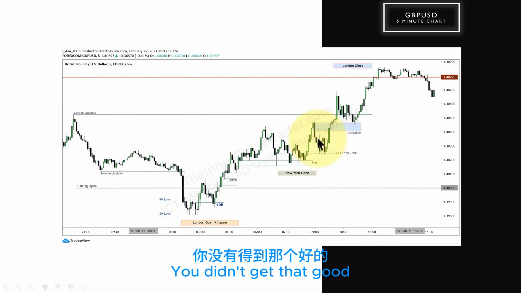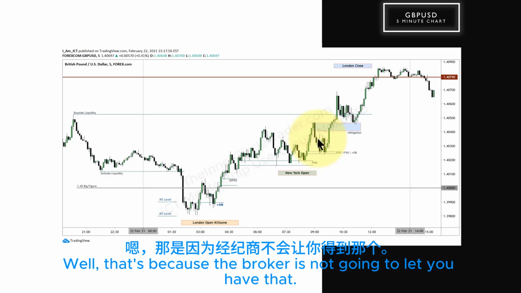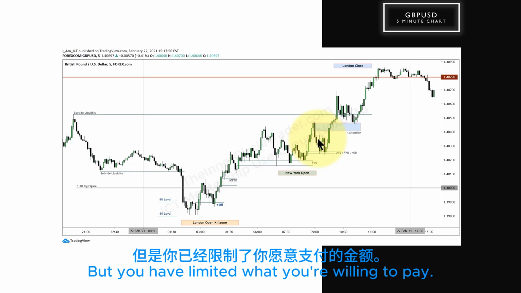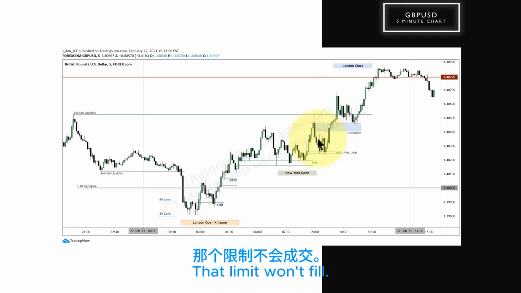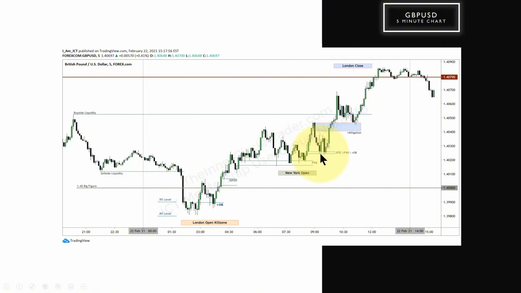You didn't get that good 1 pip slippage. Well, that's because the broker is not going to let you have that. But you have limited what you're willing to pay. Like you're not going to pay 140.32. That limit won't fill. So it's going to allow you to get a specific price range or better.